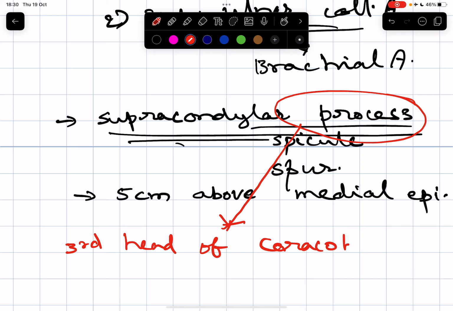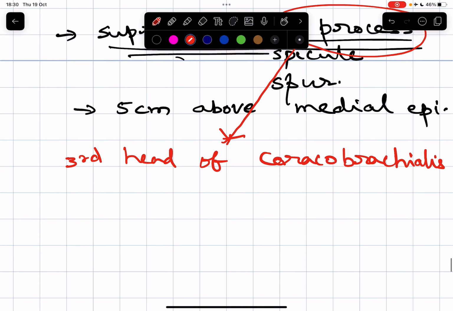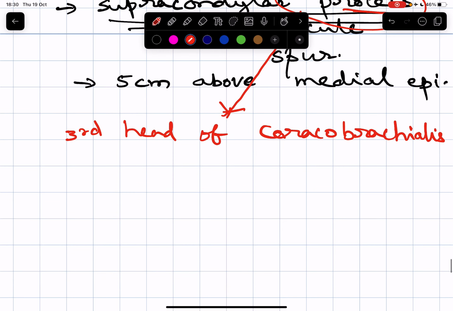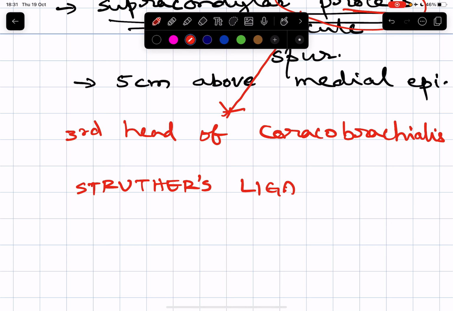coracobrachialis. This coracobrachialis muscle usually has only a single head, but it is considered to have two heads, between which passes the musculocutaneous nerve. In lower animals, it has 3 heads, so it is a tricipital muscle in lower animals. Sometimes in humans, a remnant of the third head is found, and when it is present, it will be attached to the supracondylar process, and its remnant is called the Struthers ligament. So what is the Struthers ligament?